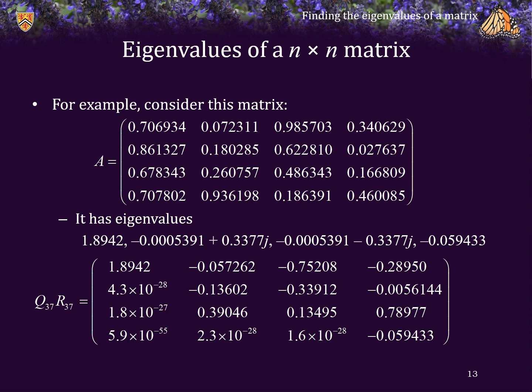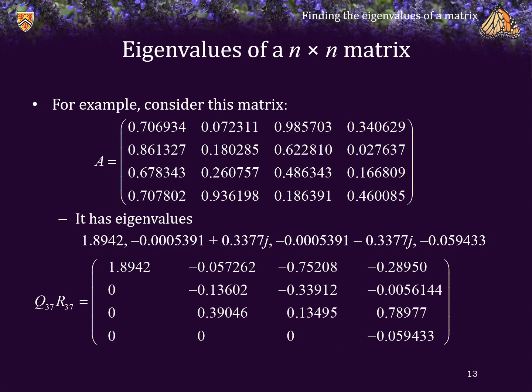Now, I just ran this algorithm 37 times, and you will notice that the product Q37R37 looks like this, and everything below the diagonal is quite small. All right, let's get rid of those, and we see that this is essentially an upper triangular matrix, but not quite.